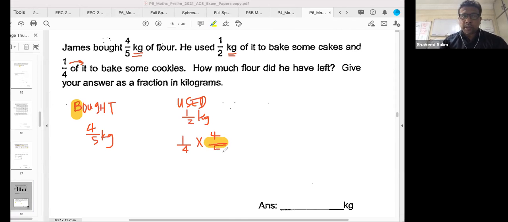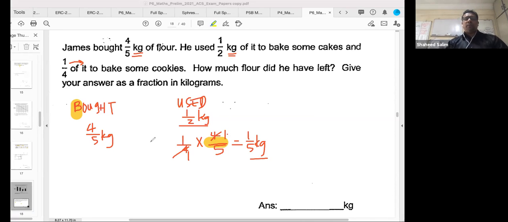You can see here. Again, 1/4 of is times 4/5. So just divide by 4, divide by 4. What do you get? 1 times 1 is 1. 1 times 5, 5. So you get 1/5 kg.